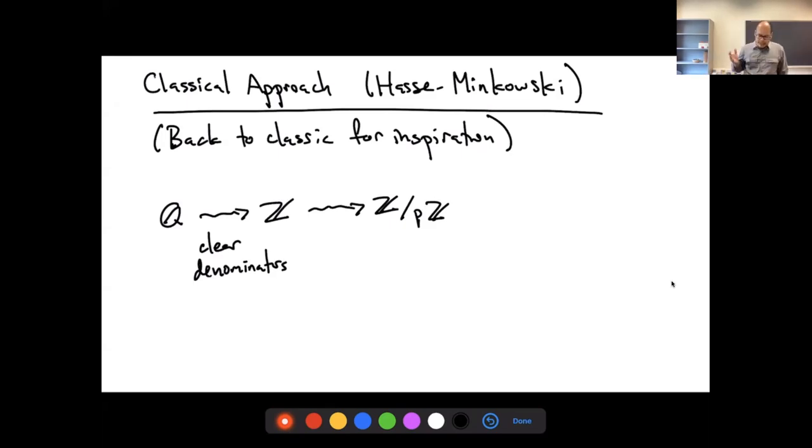The most basic idea that we always see in arithmetic is you start with some equation you're trying to solve in Q, trying to solve quadratic form equals 0. You might clear the denominators and then reduce your coefficients mod p.